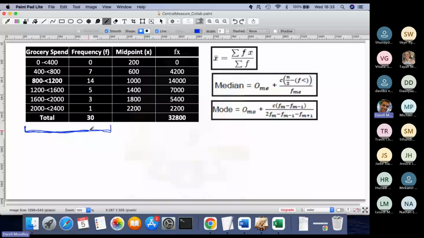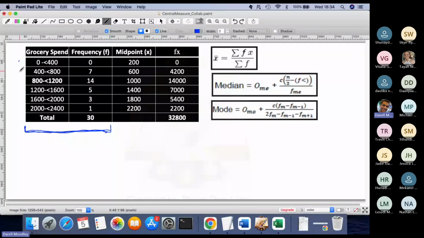What I mean by bands is, if you look at the first row, 0 to 400, it's saying people who spend between 0 and 400 Rand on groceries. And your frequency column tells you how many people actually do that. So here it's 0, which means nobody spends that little amount.